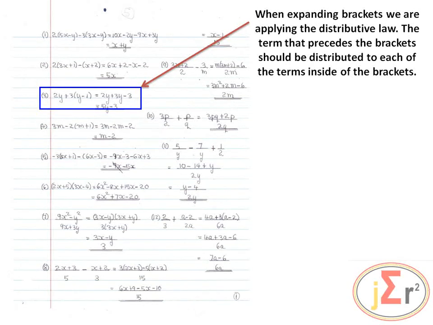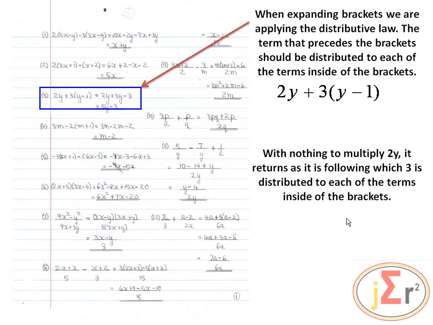So the term that precedes the bracket should be distributed to each of the terms inside of the brackets for distribution and for the distributive law.